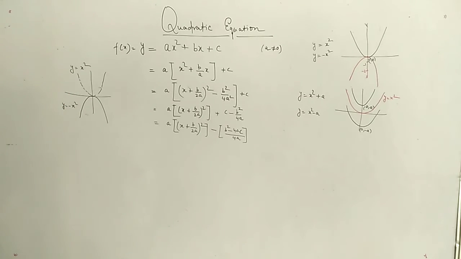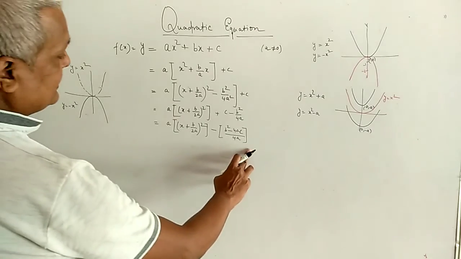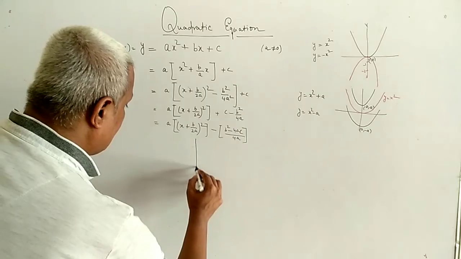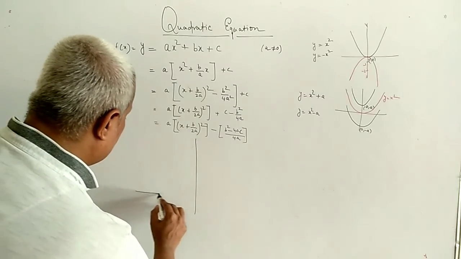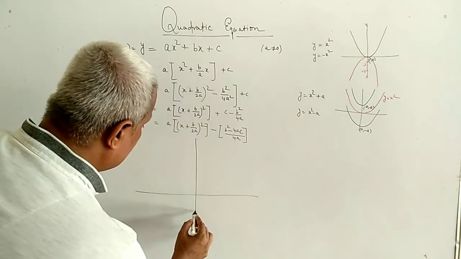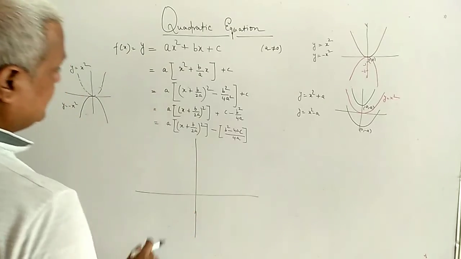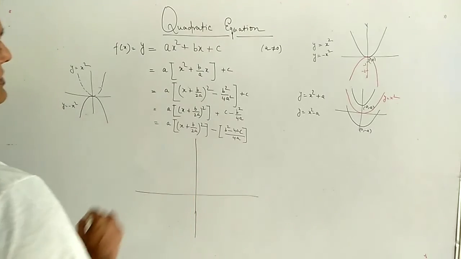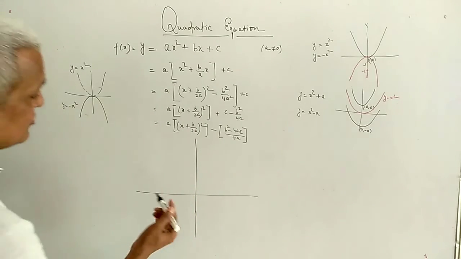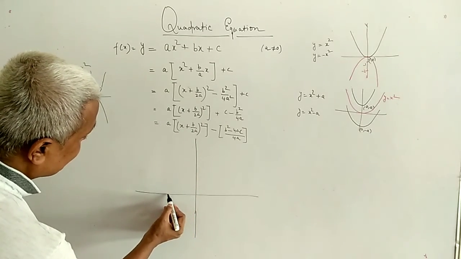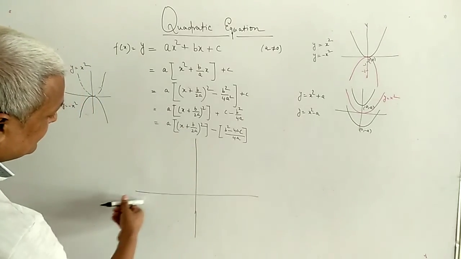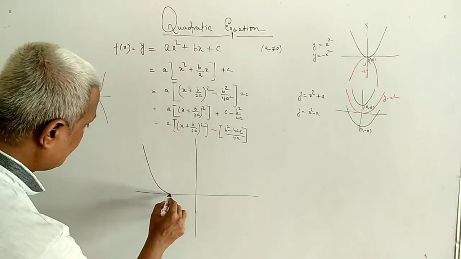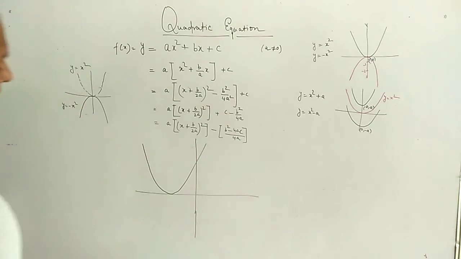So this is the idea. So now here you see that if I have the graph like this, then my graph will go like this. This is y equal to a times x plus b by 2a whole square. So this is plus, so it will translate on the negative side because it is plus, so it will move this way and come something like this.